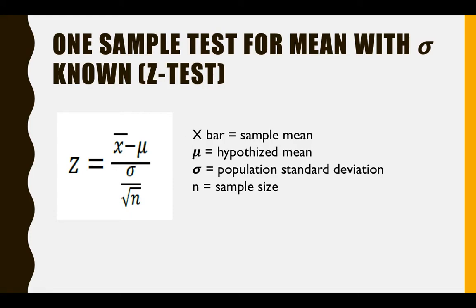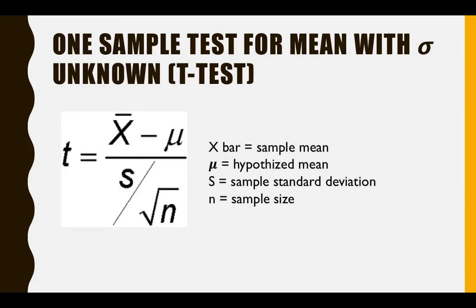If the population standard deviation is not known, you should use what is called the t-test. The formula for the t-test is quite similar to the z-test formula. It is the sample mean, denoted here as x bar, minus the hypothesized mean, divided by the sample standard deviation divided by the square root of the sample size.